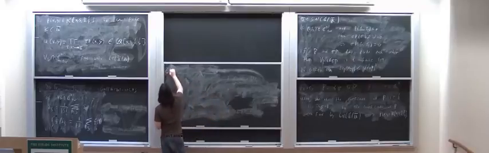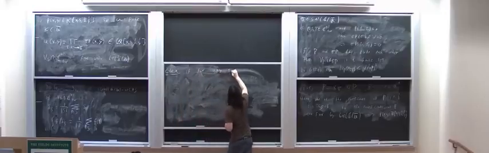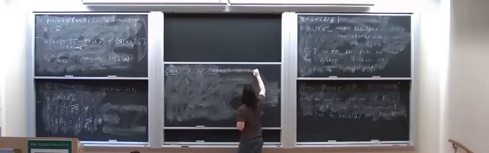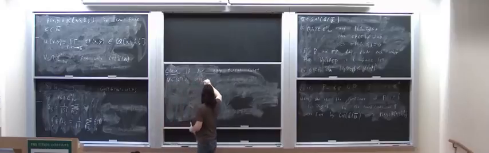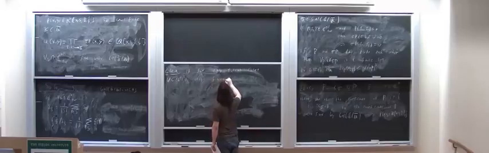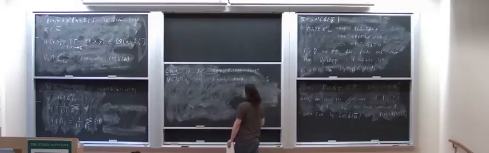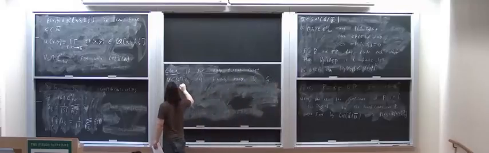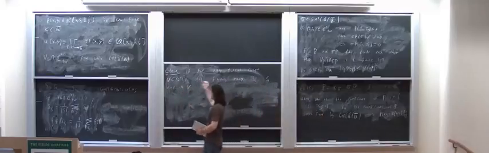So, claim: if for any torsion coset V in C star squared, only finitely many of these guys are in V. Okay? Because clearly if they're all in V, then they can't spread out everywhere.